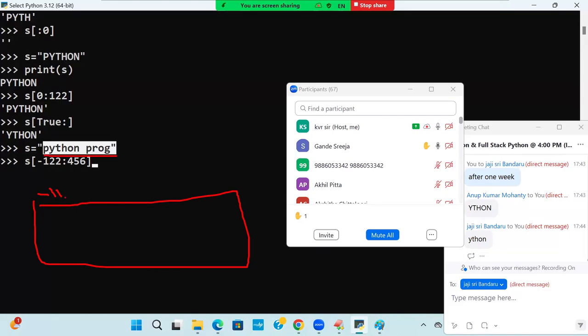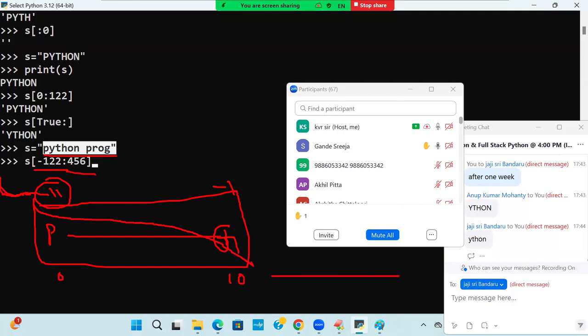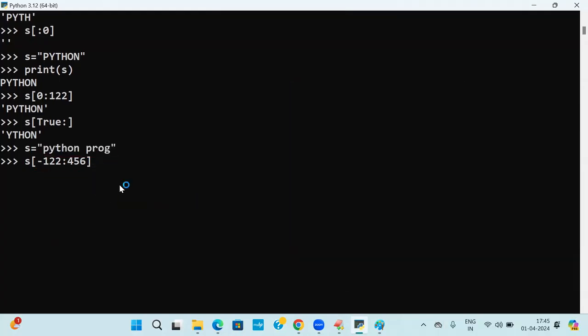My Python's last letter is minus 11, this is 0. I already said you have to remember the diagram. Minus 122 means this is back of minus 11. From back of minus 11 to back of minus 122, it goes on coming to minus 11, and it is going on coming this side, 10 only. 456 is available this side, so with a 10 that is closing. There is no data present. Completely the data will come, the whole Python program will come. That's all. Okay, thank you, sir.